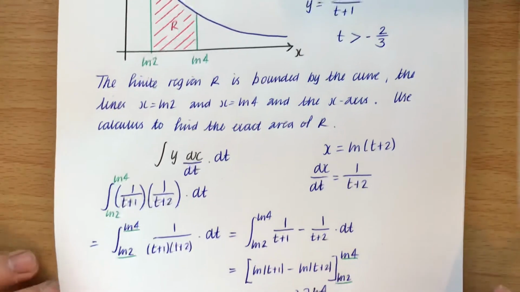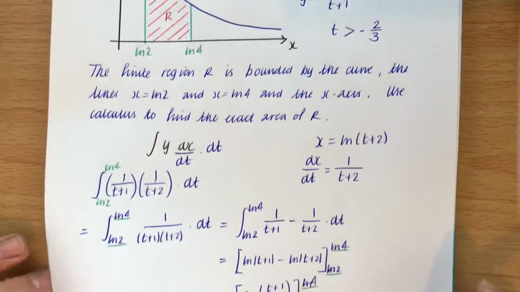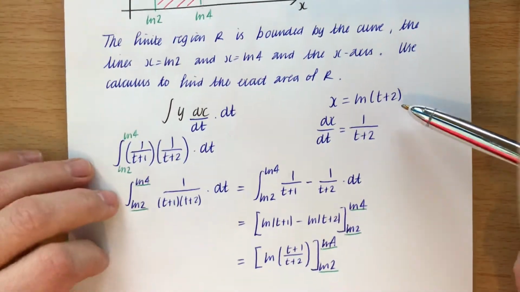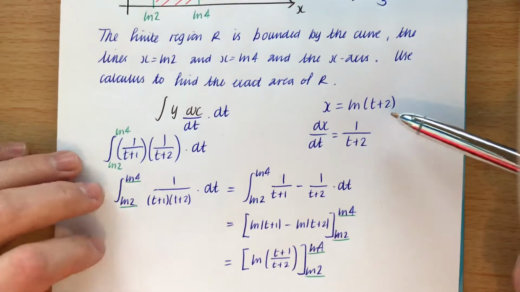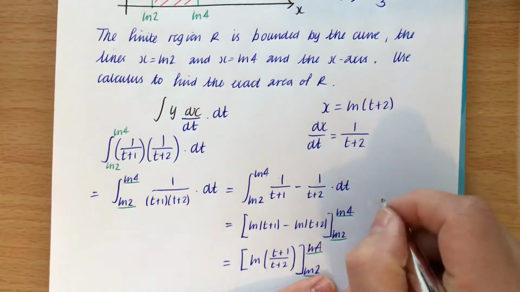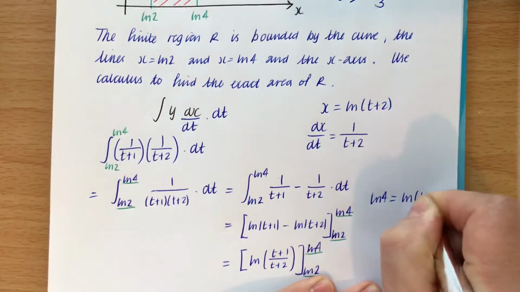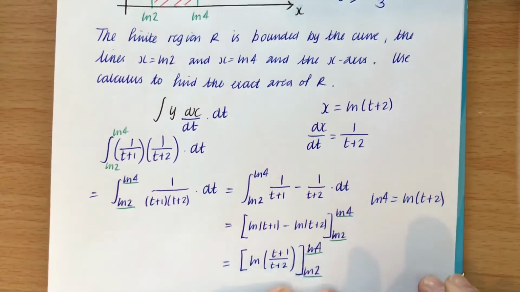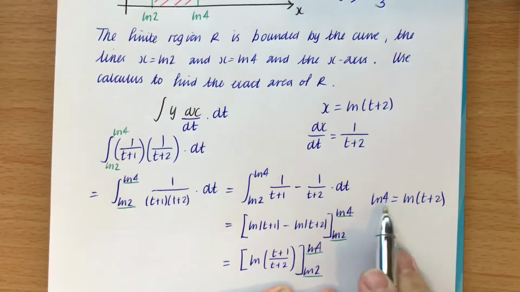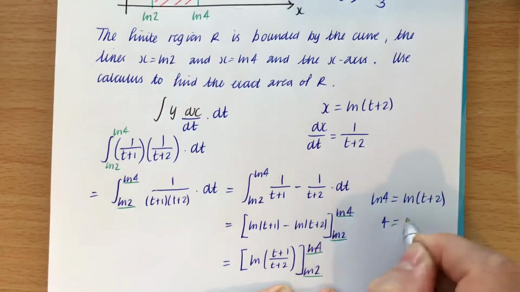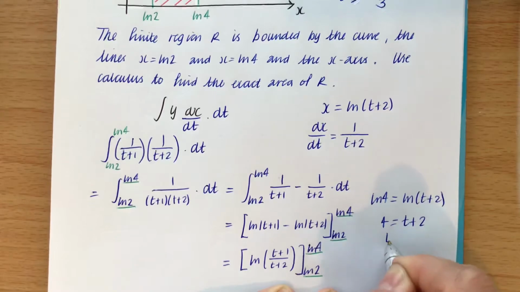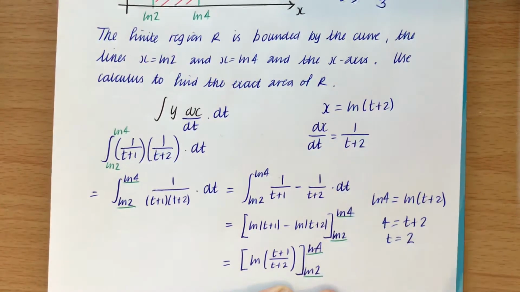So going back to the question, what was x? x was log of (t plus 2). So these are both x's. Log 4 is equal to log of (t plus 2). Raise both sides to the base e: 4 equals t plus 2, so t is 2 for that one.